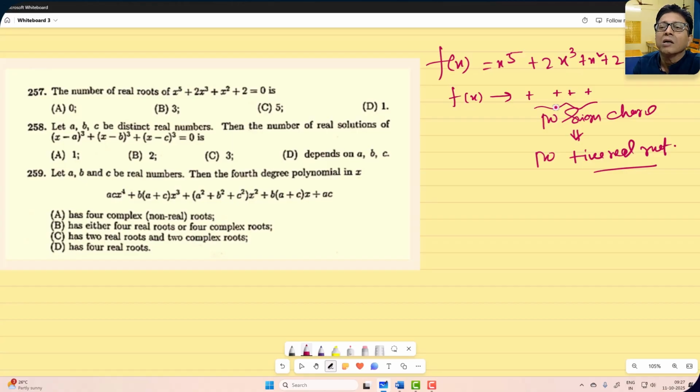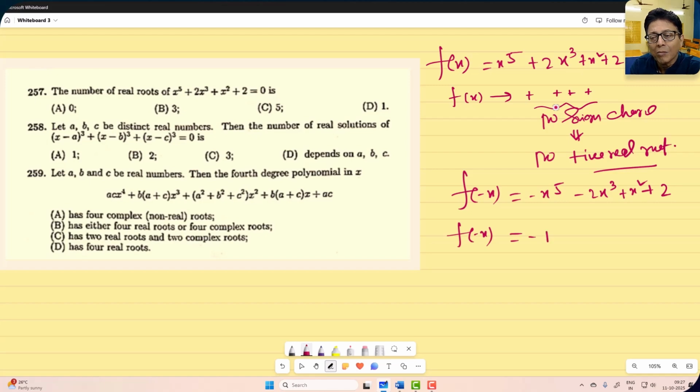Okay. Now find f for minus x. Minus x to the power 5 minus 2x cube plus x square plus 2. How many sign changes are there for f of minus x? Just write the signs of the coefficients over there. Minus, minus, plus, plus.